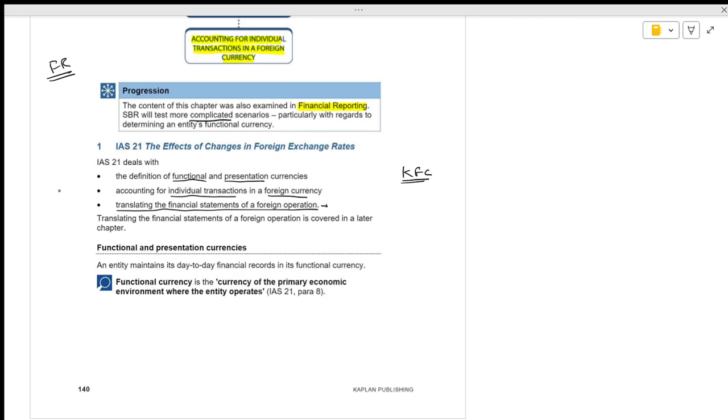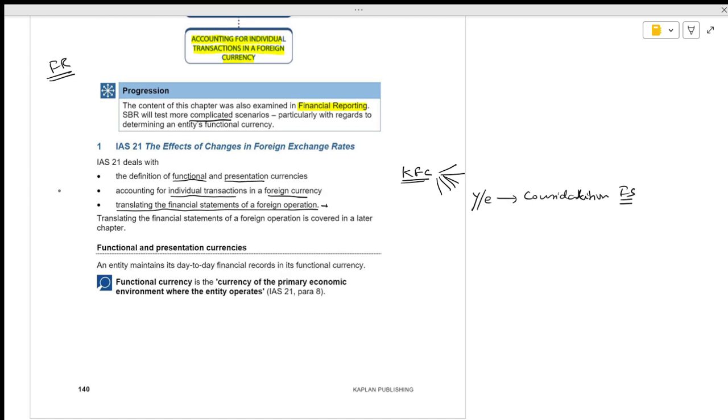KFC operates in different countries all over the world, but ultimately at the year end, they have to make a consolidation of the financial statements.